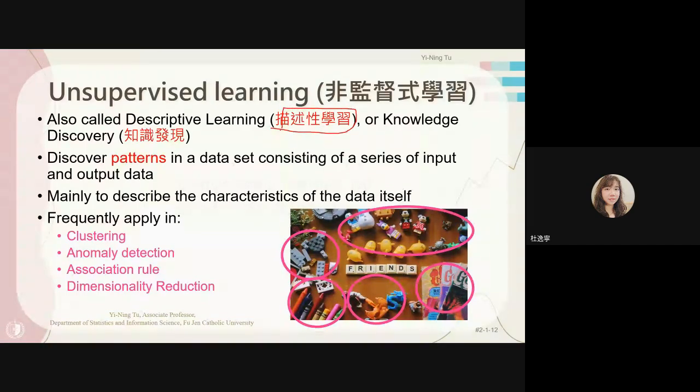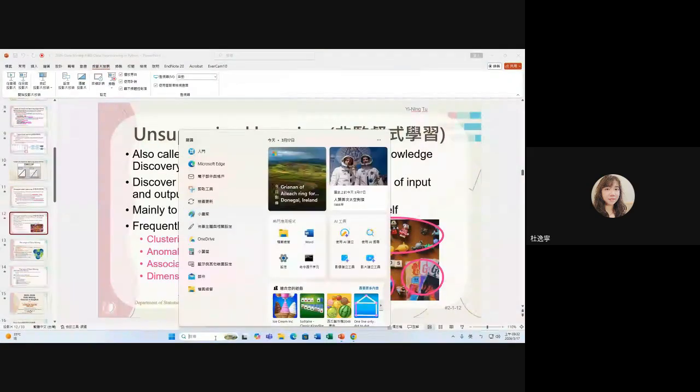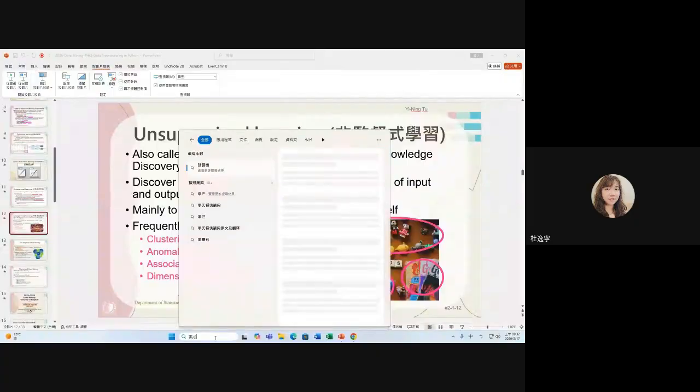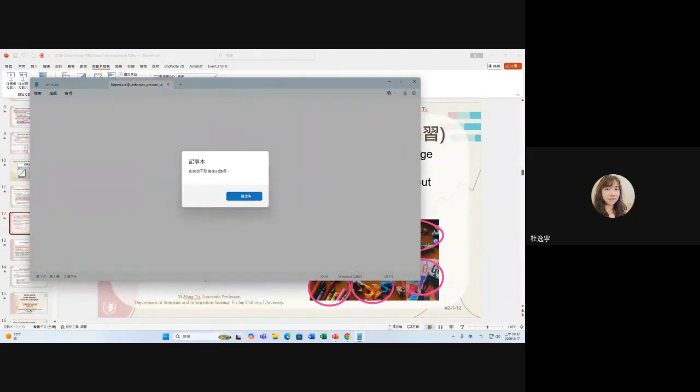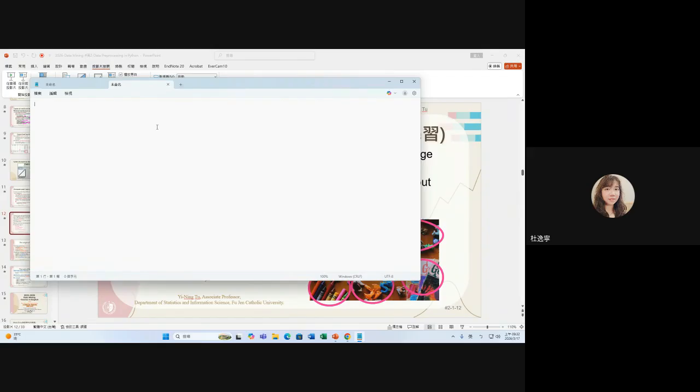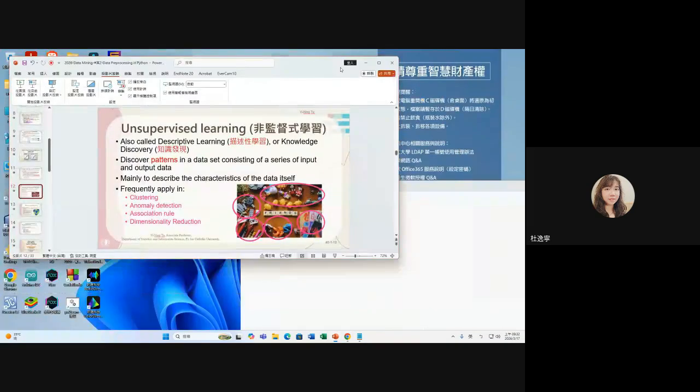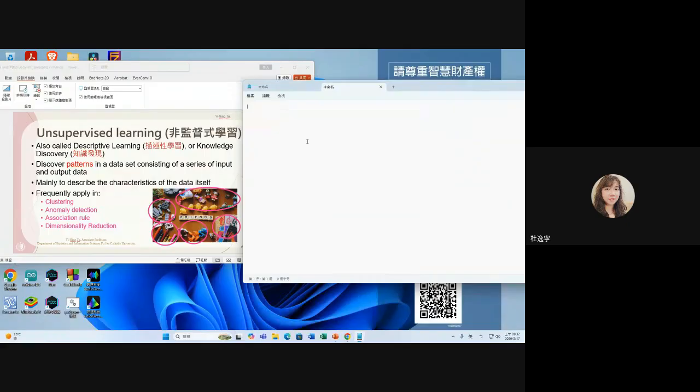Okay, so unsupervised learning, we can also call that descriptive learning, 描述型 learning. But classification, 就是监督式 supervised learning, we call that predictive learning, so I want to make a note here. Last week we mentioned the supervised learning.